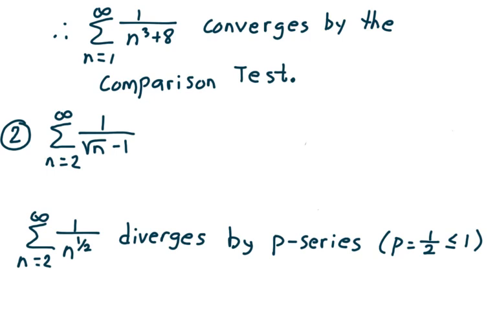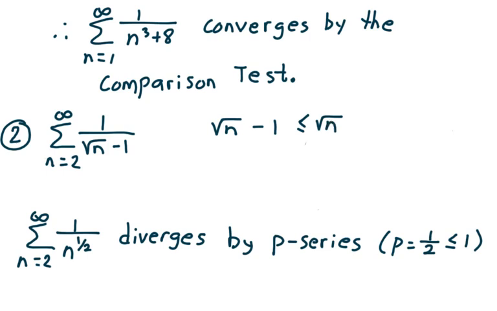Suppose we have the summation from n equal 1, well in this case n equal 2 to infinity of 1 over the square root of n minus 1. Okay, we're going to apply the comparison test again. But look at how this one works. The square root of n minus 1 is less than or equal to square root of n.